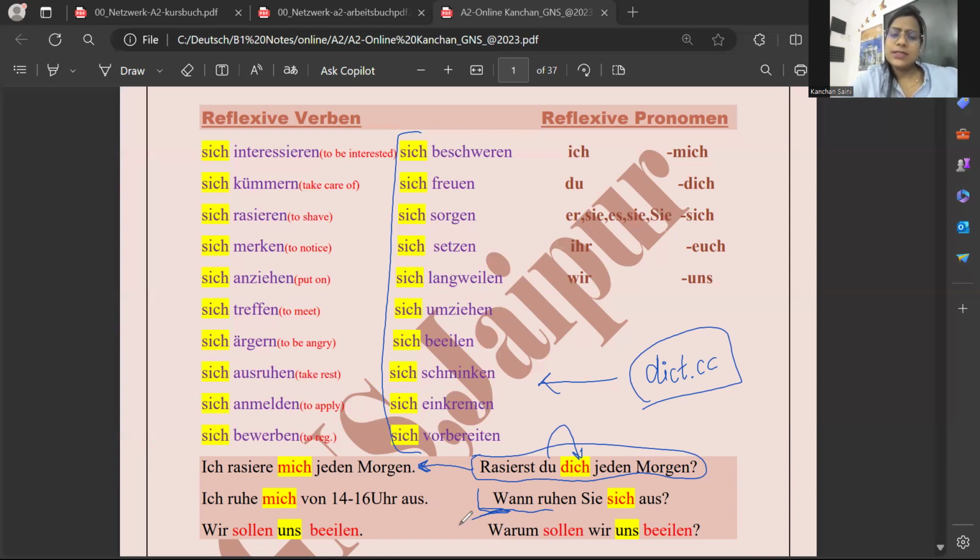So, wann ruhen Sie sich aus? When do you rest yourself? Here the subject is Sie. According to Sie, we are using the reflexive pronoun sich.